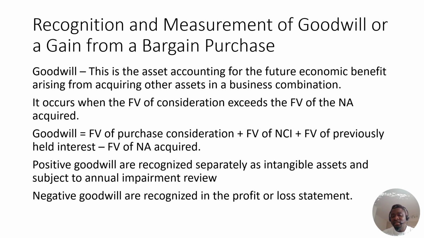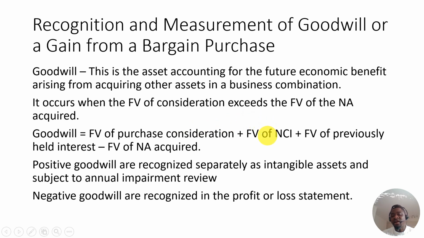What the standard says is that we now need to remeasure this equity instrument by the time you attain control. You attain control at above 50%. So when you attain control, the previously held interest that you had in the entity, we do a fair valuation of that interest and add it to the consideration.